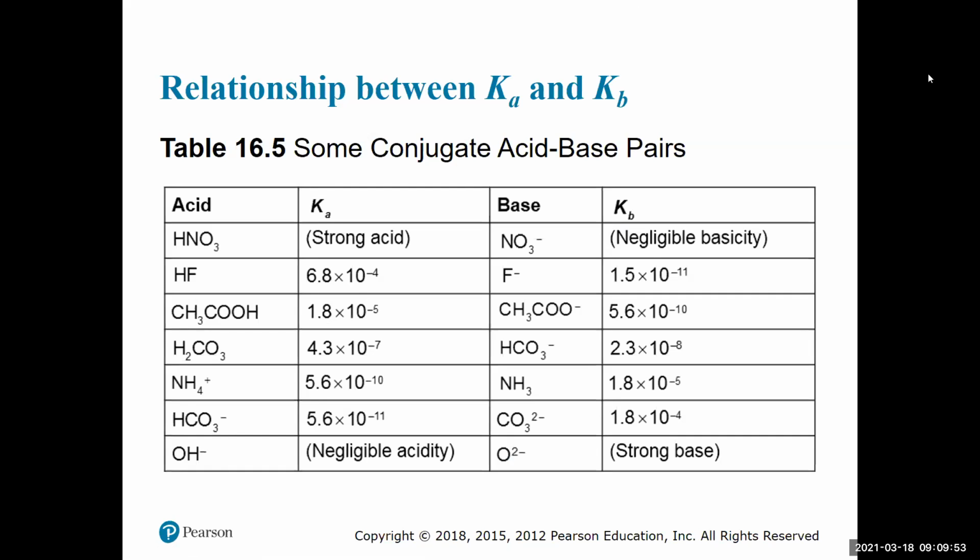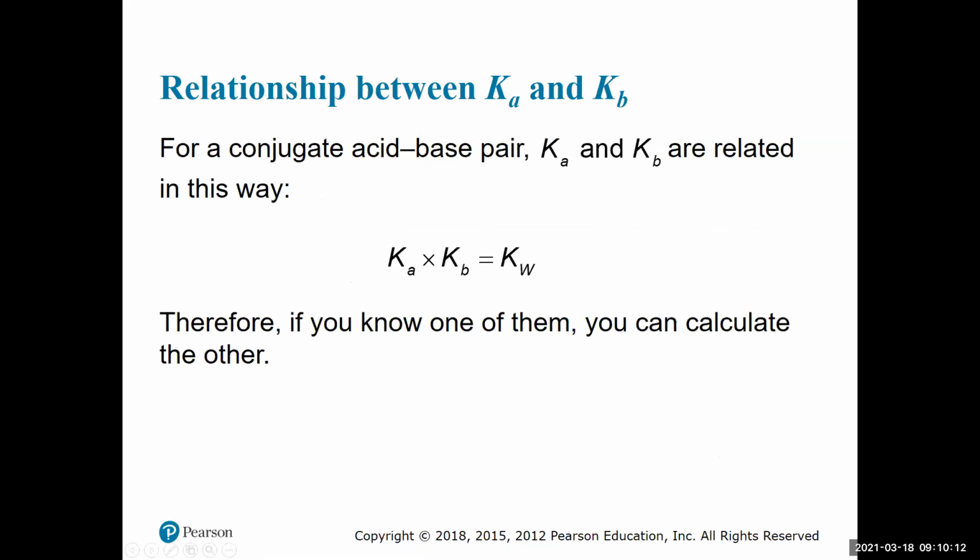If we take a look at those, and this is just a table of the Kas and Kbs for the conjugate acid-base pairs, what you're going to see is that for conjugate acid-base pairs, Ka times Kb equals Kw.